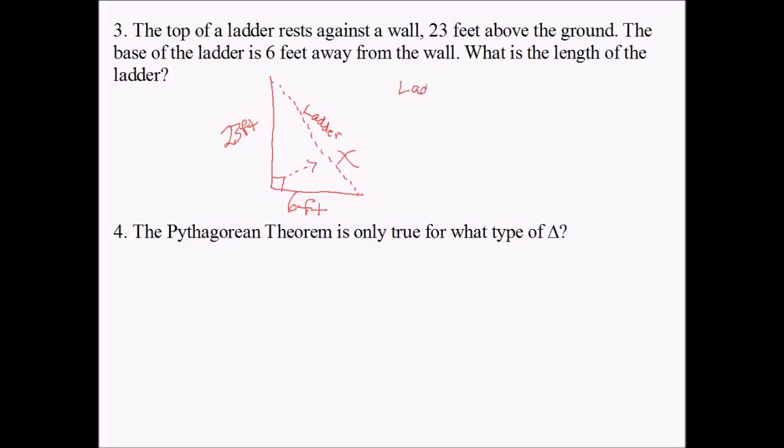So you remember your ladder is equal to the hypotenuse of this triangle that you just created. So we know that must be c. And so if I have c squared equals a squared plus b squared, plug in stuff you know. So I have x squared is equal to 6 squared plus 23 squared.